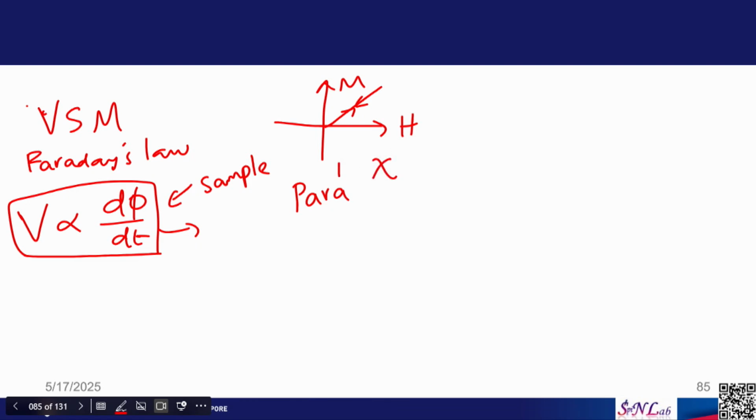So we can say positive susceptibility. If you take a diamagnetic material, this MH curve will show a negative slope, and again the path is the same whether you go this way or the other way. So diamagnetic materials have negative susceptibility.